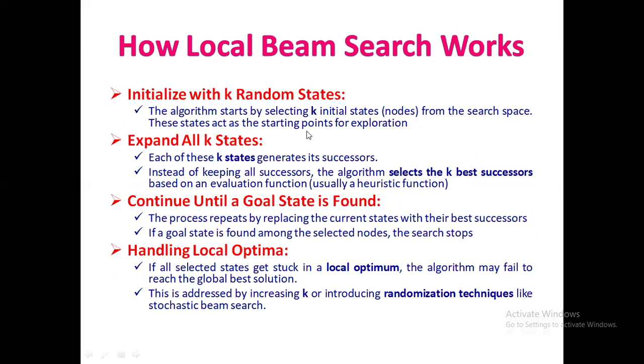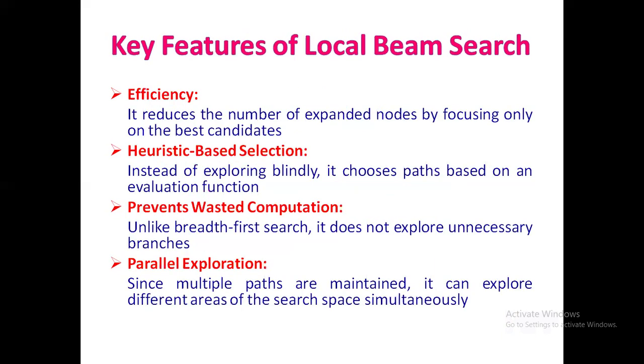This ensures that the search remains focused on the most promising paths. The process continues iteratively, replacing the current states with the best successors until a goal state is found or no better successors exist. These are all the key features of local beam search.